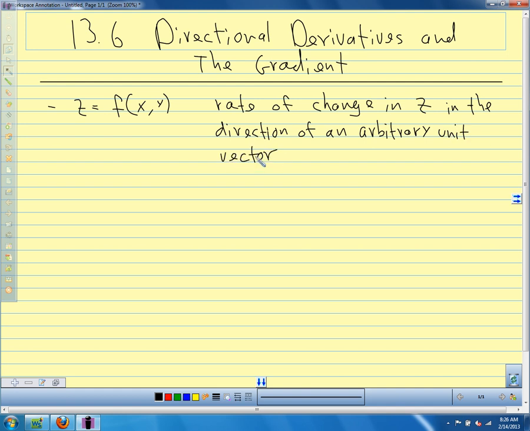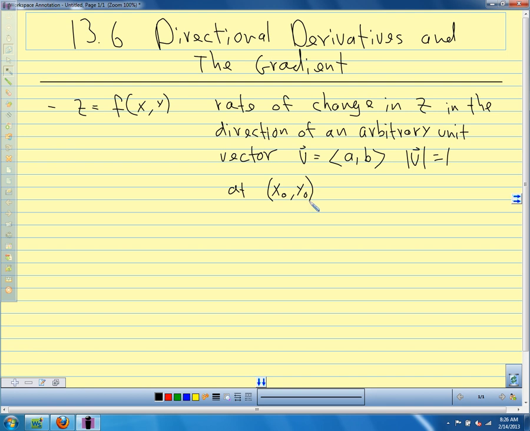We're going to call our unit vector in the plane u, which is just ⟨a, b⟩, where we're saying we have a unit vector, so the magnitude of u is 1. And we're interested in this rate of change at a particular point, the instantaneous rate of change at some (x0, y0).